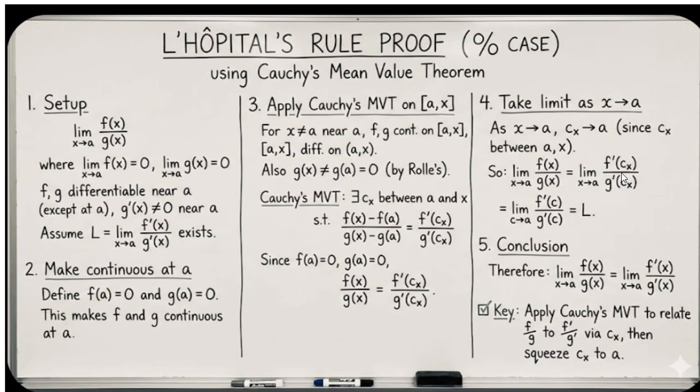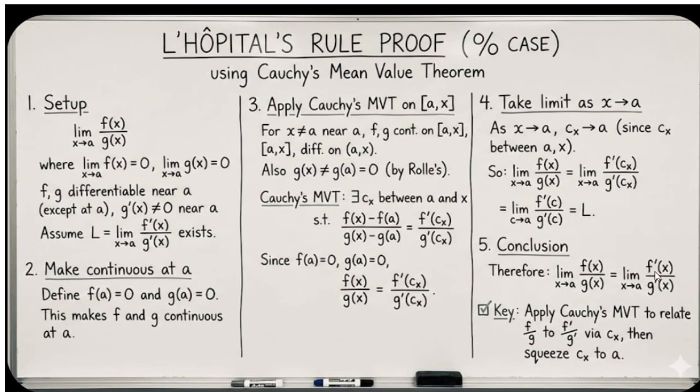Whatever the result we can get by putting it here, f dash of c of x divided by g dash of c of x gives the same value as f dash of x divided by g dash of x, because c of x and x become almost equal since they are very close to a.